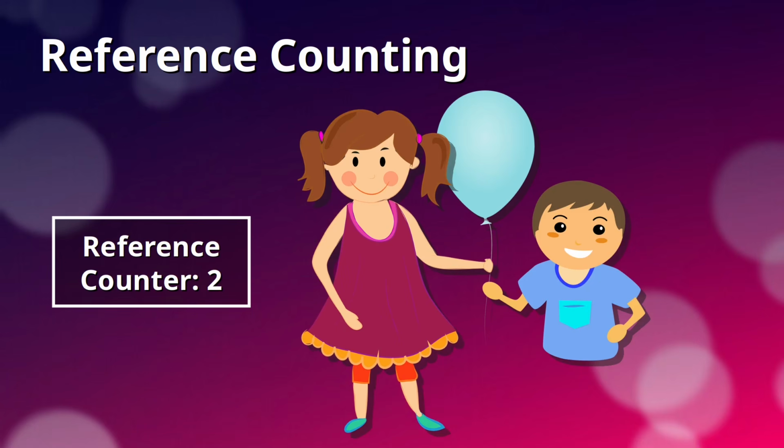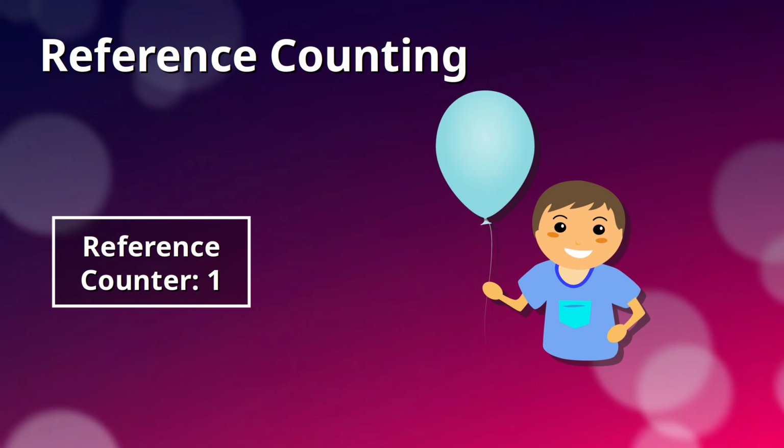So if another person comes up, this boy, and he starts to hold the balloon as well, we might say that he references that balloon. Now the reference counter goes up by 1, so there are 2 objects referencing that balloon, holding it, right? But if the girl decides to let go, then we decrement the reference counter by 1, saying that there's still a reference in the memory to that balloon object because the boy is still holding it.